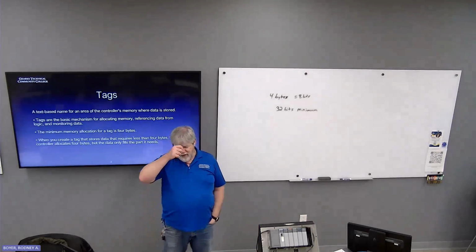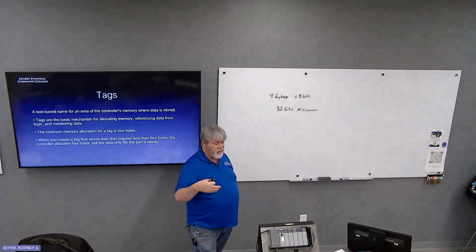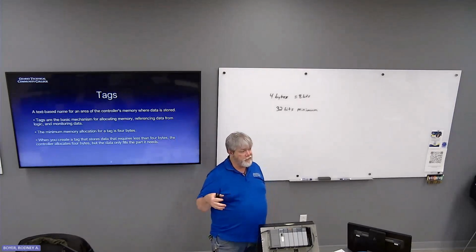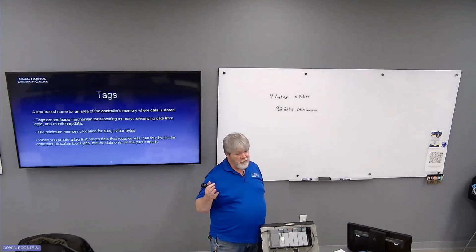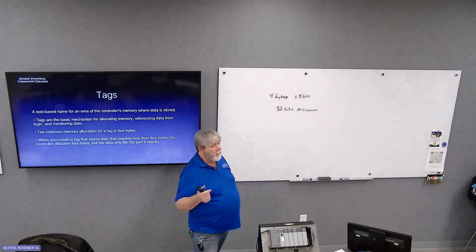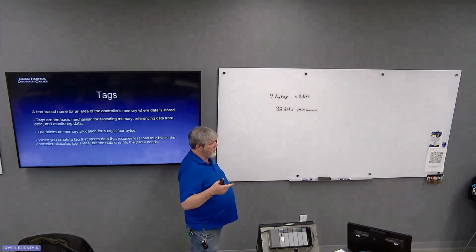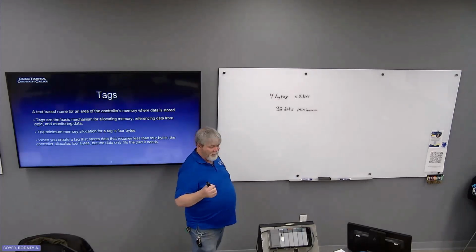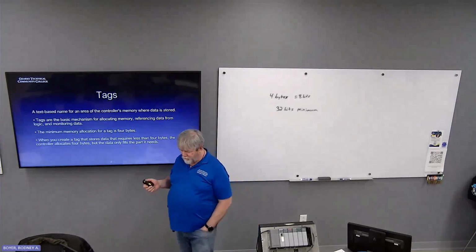Now, if it says that it's minimum 32 bits, does that not suggest that you can allocate more than 32 bits for a tag? Depends on what you're using, based on the data type.